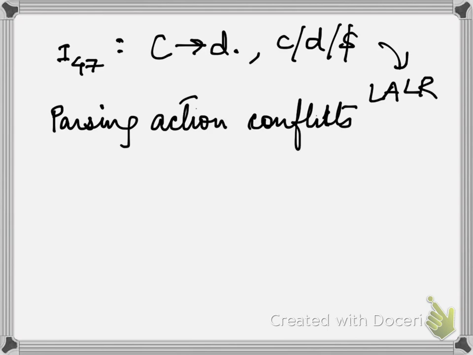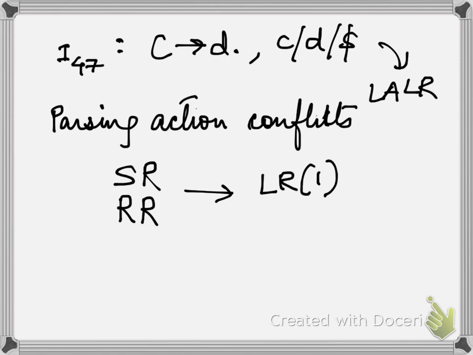So we don't have any shift-reduce conflict, nor do we have any reduce-reduce conflict in this LR1 grammar. Only if the item sets of a grammar do not have any shift-reduce or reduce-reduce conflict, then we say that it is LR1. So we are starting with the assumption that the grammar we have in hand is LR1.